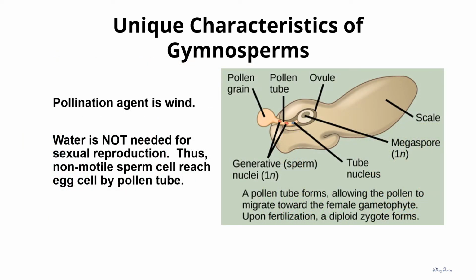Water is not an important medium for sexual reproduction in Gymnosperms, because the non-motile sperm will reach the egg cell with the formation of a pollen tube. And the sperm reaches the female gametophyte through the pollination agent, which is wind.